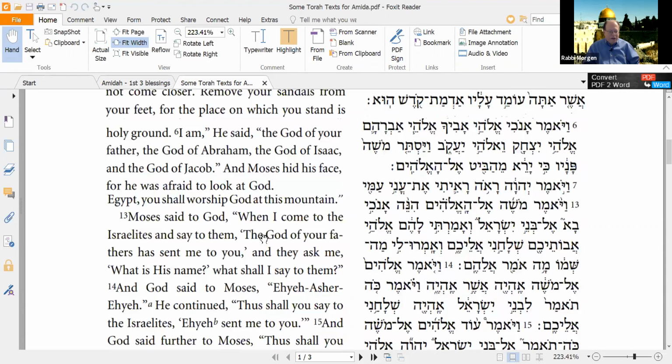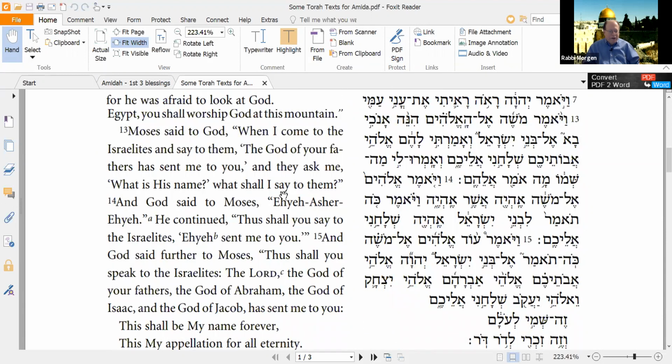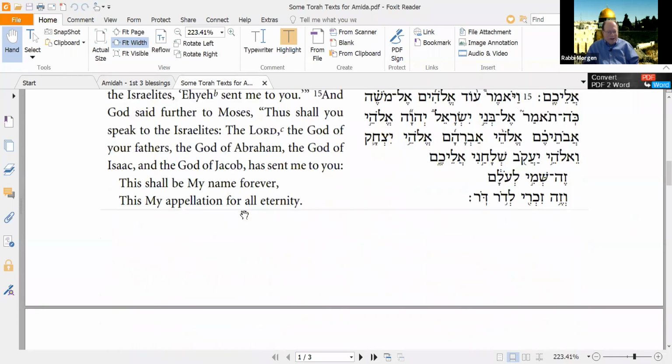Moses hid his face because he was afraid. And he says, "When I go to the Israelites and say, 'The God of your father has sent me,' what should I say is your name?" And God says, "Ehiyeh Asher Ehiyeh, I will be what I will be." This kind of informs that opening prayer of the Amidah. We're standing before the one who is, I will be what I will be.